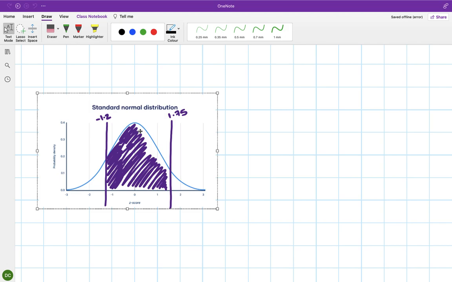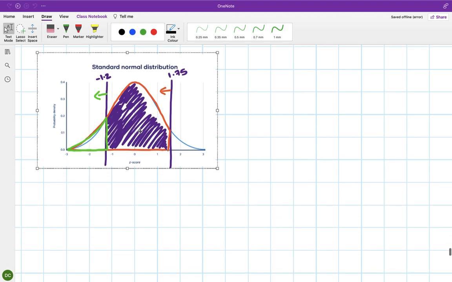So the idea is the same. If we figure out the probability of it being less than this one, then we're getting that part, and then figure out the probability of it being less than this one, we've got that part, and if you subtract them, you get the bit in the middle.